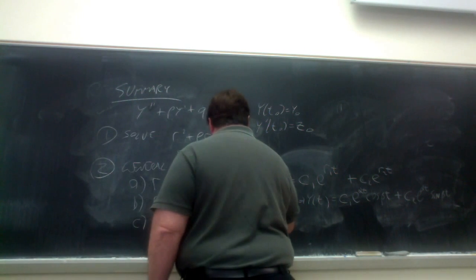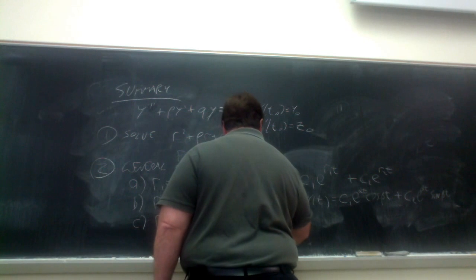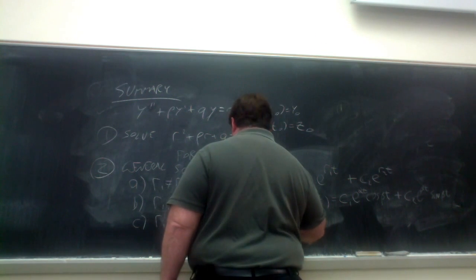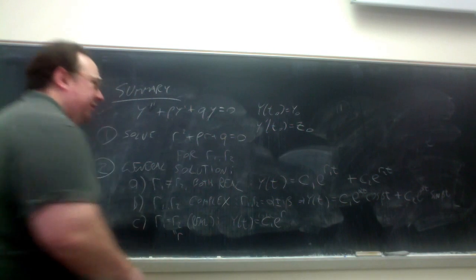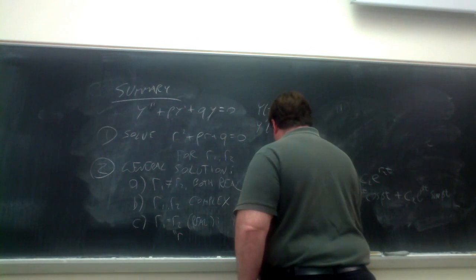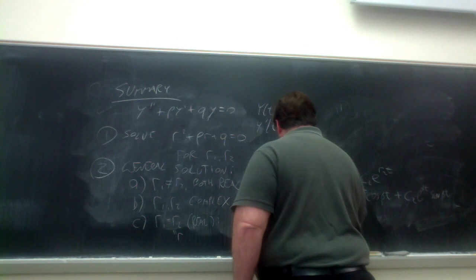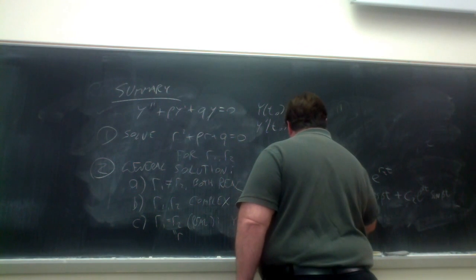So your solution is, in that case, I'm just going to call it R, since they're the same. For one distinct root you have C1 e to the rt plus C2 t e to the rt.